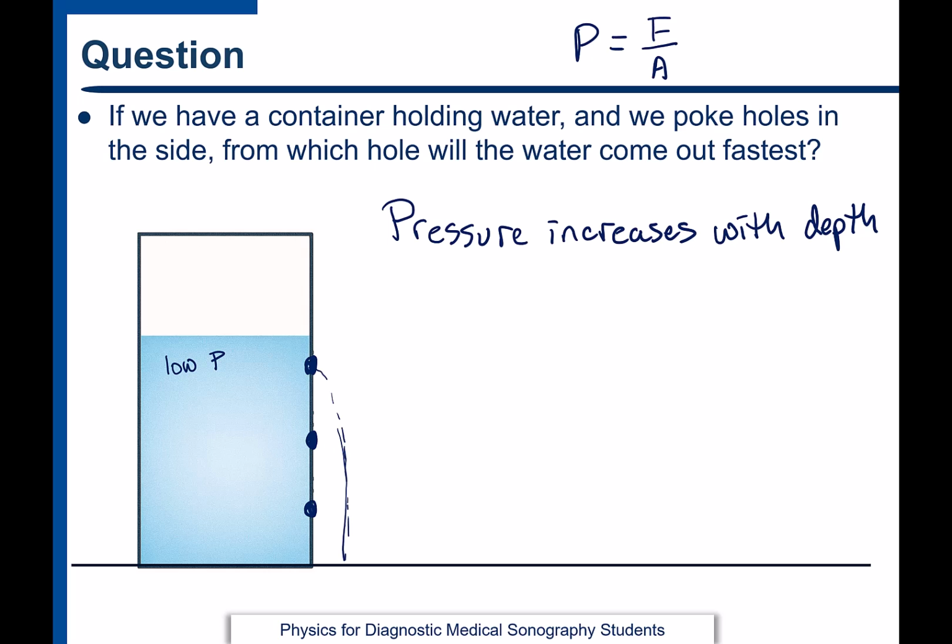As we go down, we go from low pressure to high pressure, and so at the next hole, the water would be forced out a little bit faster. So it might look something like that. And then at the bottom of the container, that water would be forced out very fast and would go something like that. So just another example of the fact that the pressure increases as we go down in a fluid.